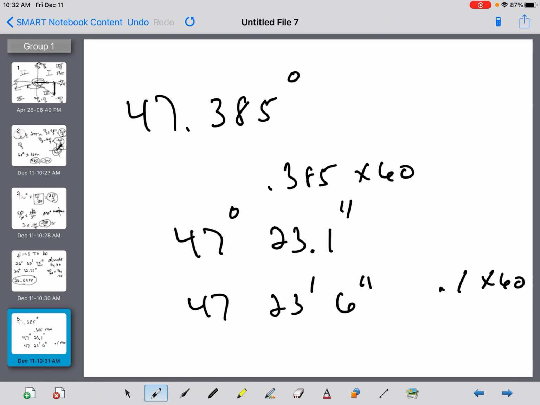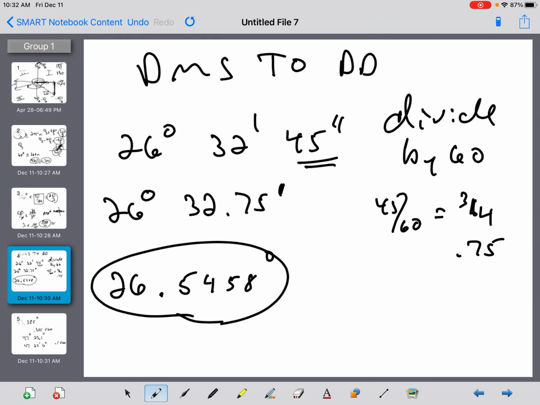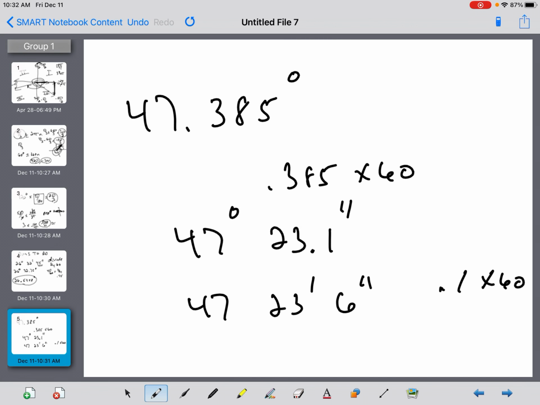Okay? So again, divide by 60 when you're going from degrees minutes seconds to degree decimal, and then multiply by 60 when you're going from this to degrees minutes seconds.